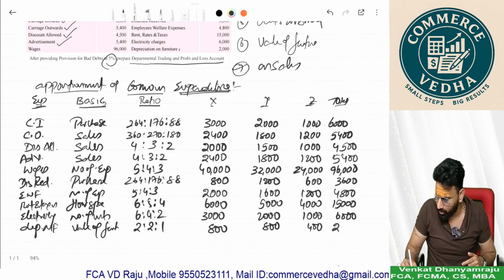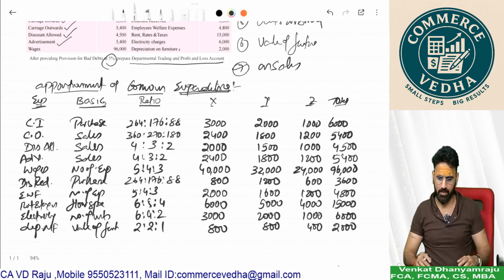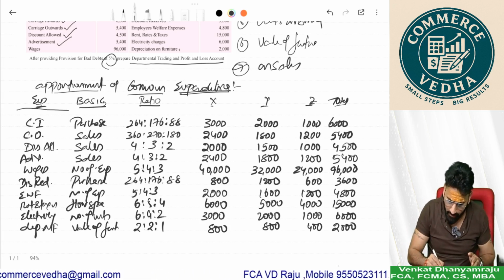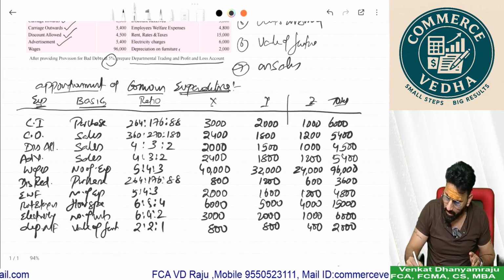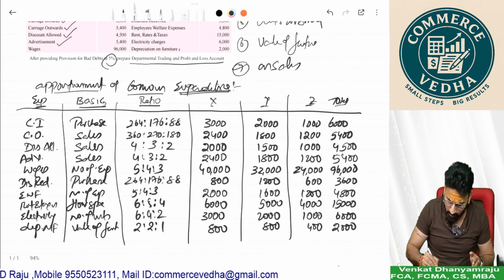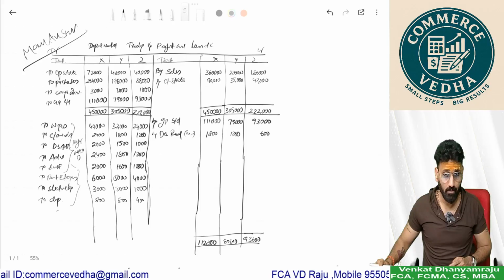So total 2000. So all the expenditure you divided between all the departments X, Y and Z, and arrived at the total expenditure. So this is the step number 1 in this question.